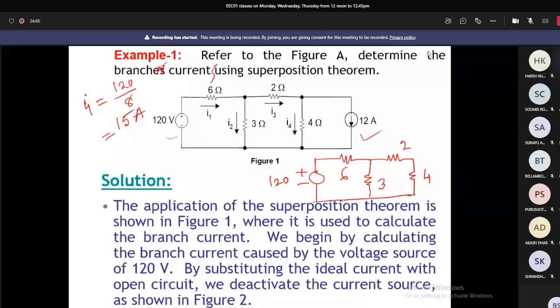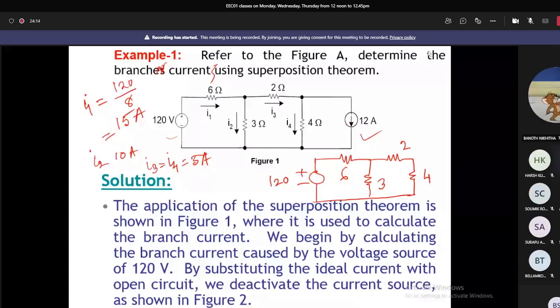Next is only the 12 ampere source. Now you have to take care of the polarity, because whenever we draw it, we have to redraw it again. So the direction will now change.